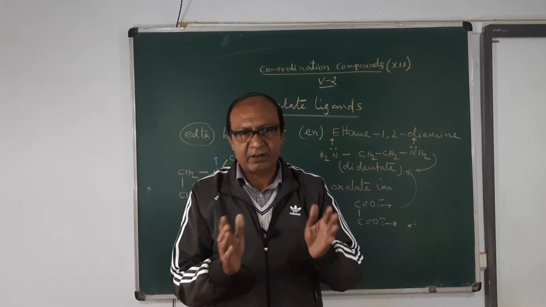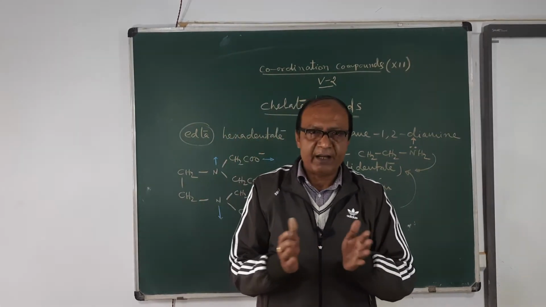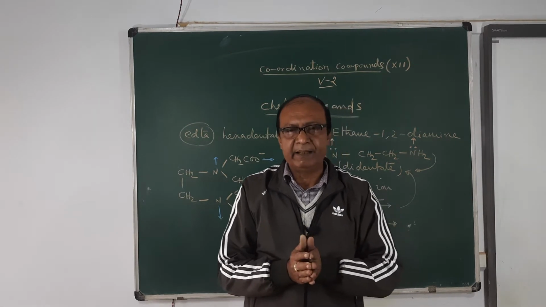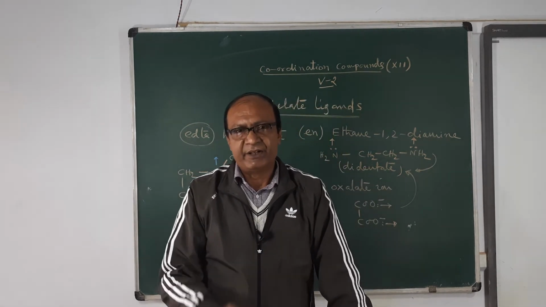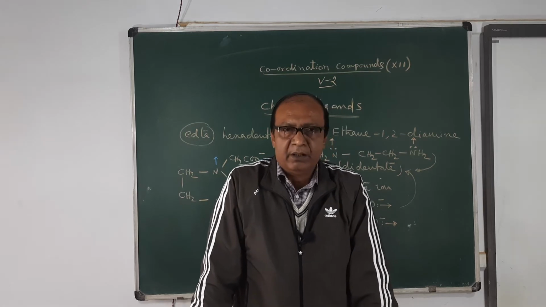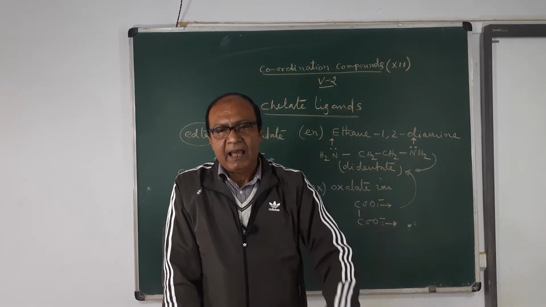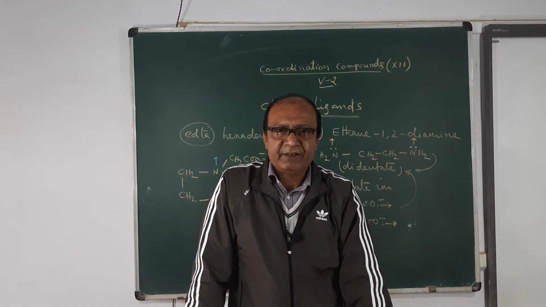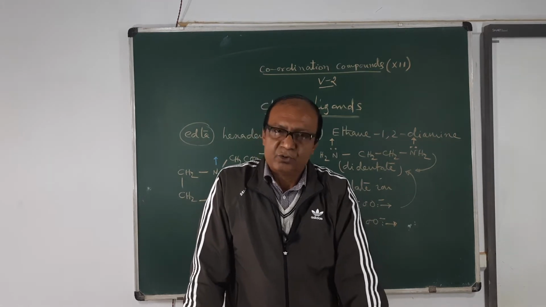Because of this very strong attachment due to ring formation, chelate complexes are more stable than non-chelate complexes. As the number of chelate ligands increases, the stability of the complex also increases.